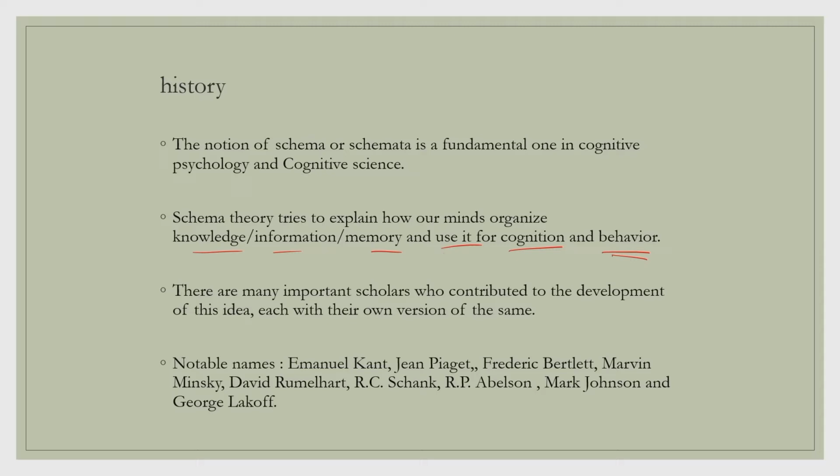We have philosophers, psychologists, neuroscientists and linguists, all of them contributing. These are the people whose work is most commonly cited when we talk about schema theory and the way it came into being.